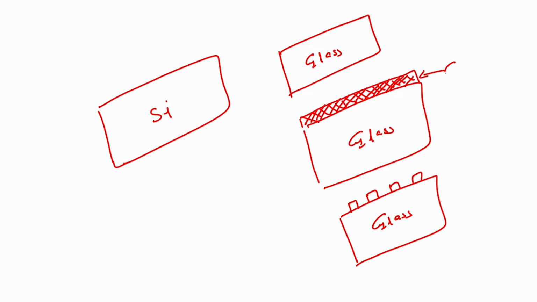This is chrome gold, this is glass. Then you deposit a metal and then you perform photolithography to pattern this chrome gold to form interdigitated electrodes, right.